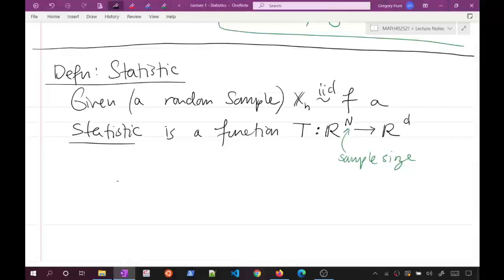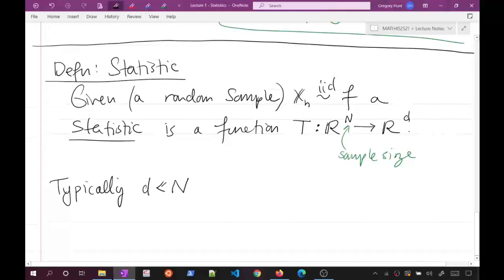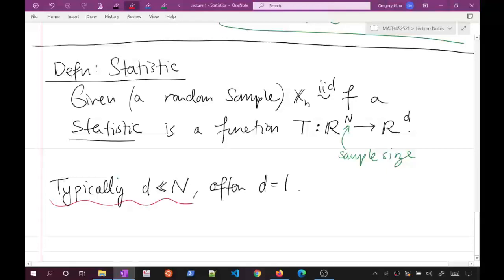And typically, so we're done with our definition. Given the random sample, x1 through xn, iid, f, a statistic is a function from R^n to R^d. Typically, d is, let's say, much less than n. Often, d is equal to 1. Doesn't have to be. The idea being with a statistic is that, why do I say typically d is much less than n?